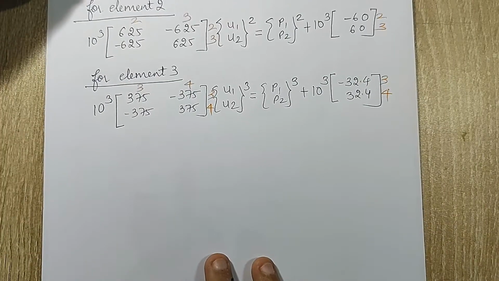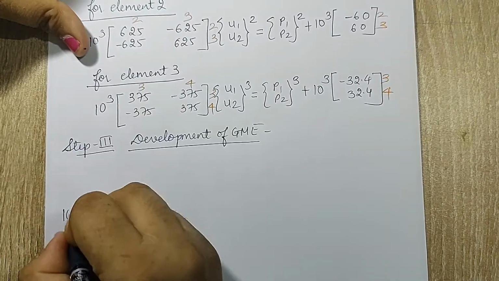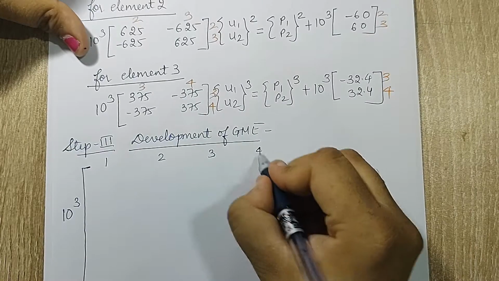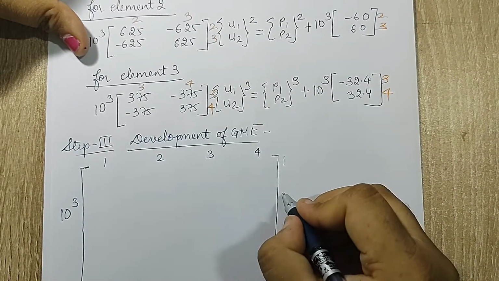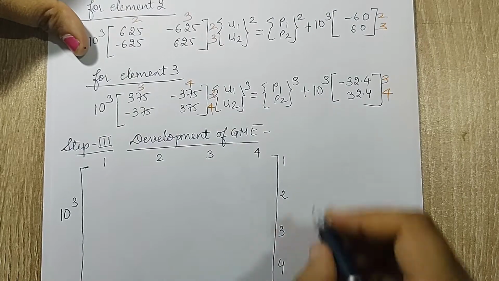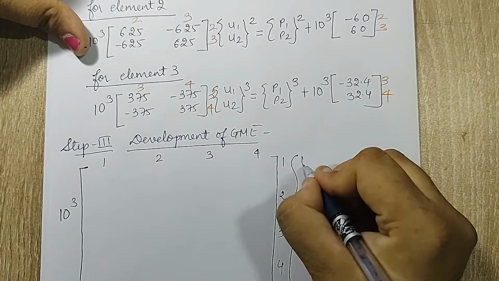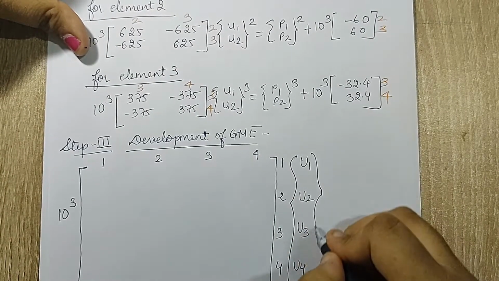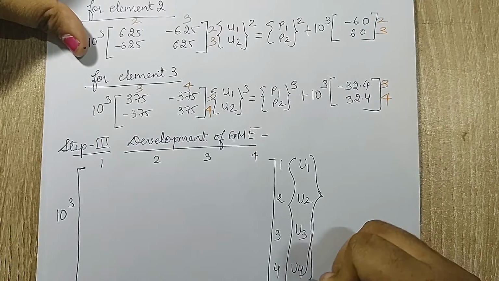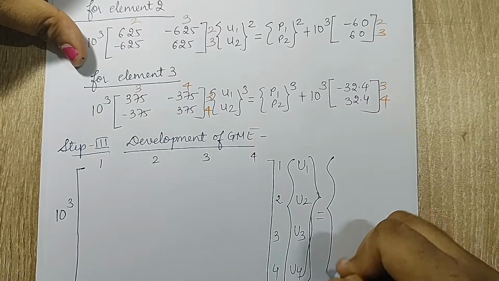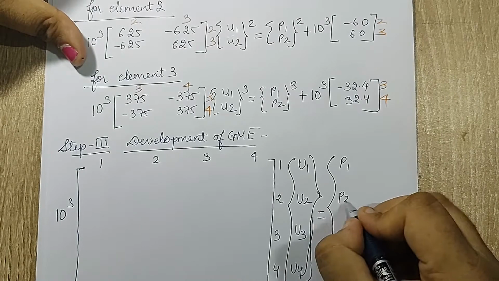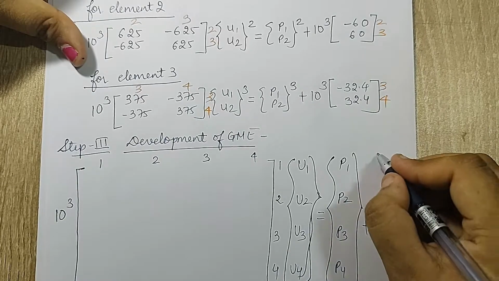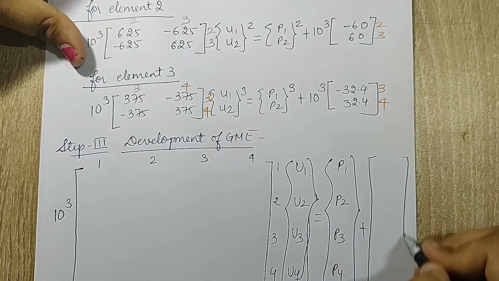Next I'll go for step 3, that is development of GME. I have a 10 raised to 3 common. I have node 1, 2, 3, 4 on the rows and columns. Here I have U1, U2, U3, U4 equal to P1, P2, P3, P4 plus this bracket.